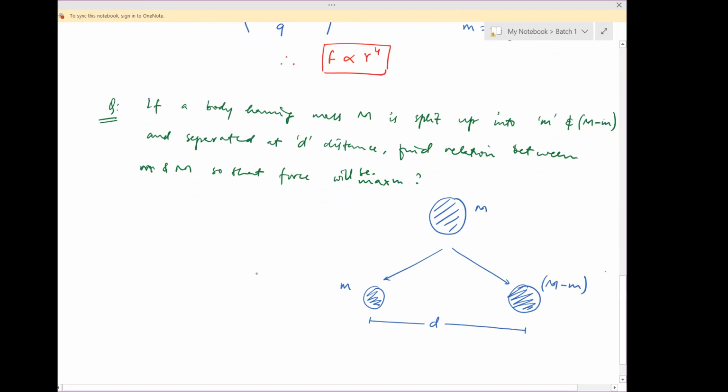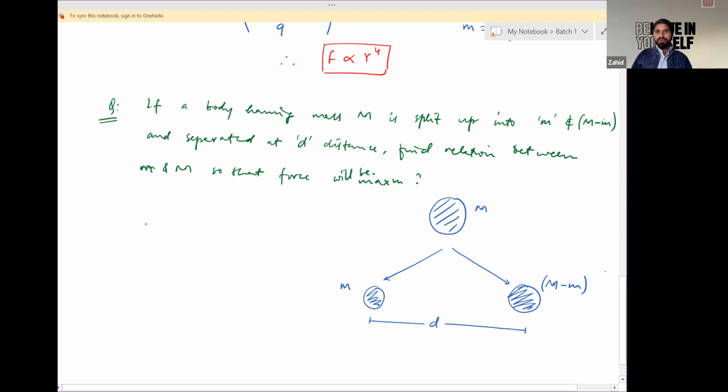Yes, sir. The force between any two point masses separated by a distance d is G times the product of masses m1 m2 divided by the square of their separation d squared.